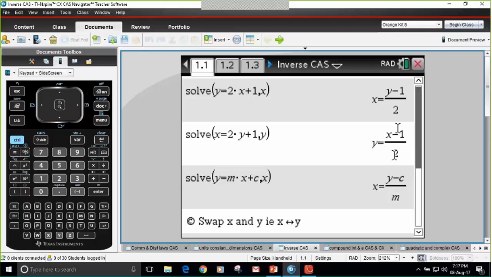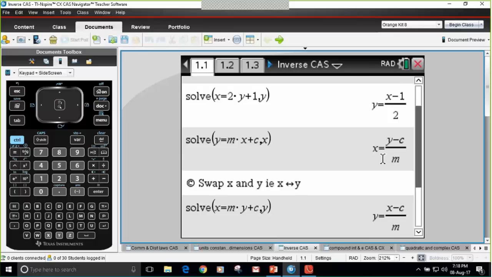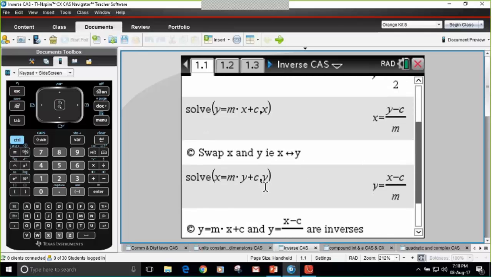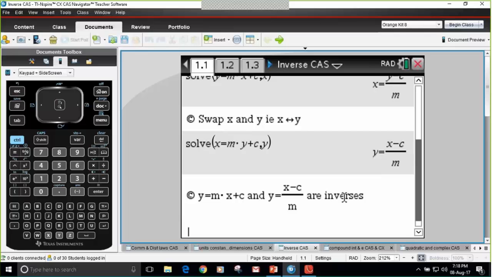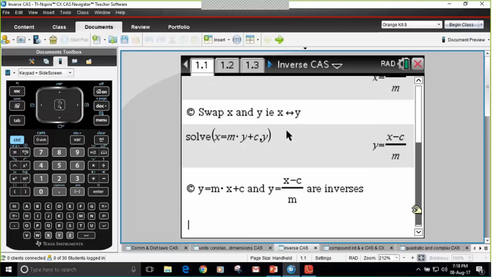You can get the students to discuss that. We put y equals mx plus c, solve that with respect to x, it gives you this. So clearly, after a bit of discussion, if we swapped x and y and solve, you get inverses, and these two functions are inverses of each other.